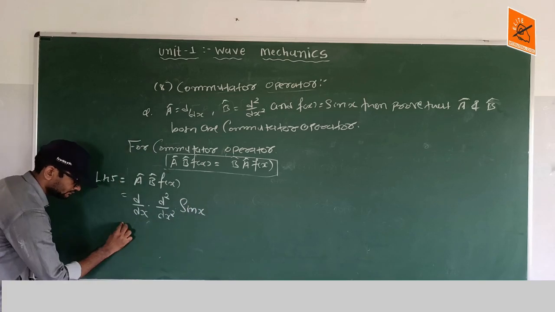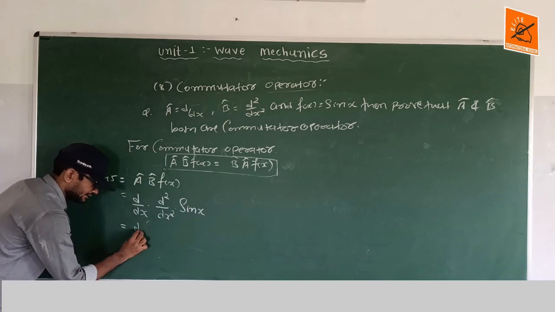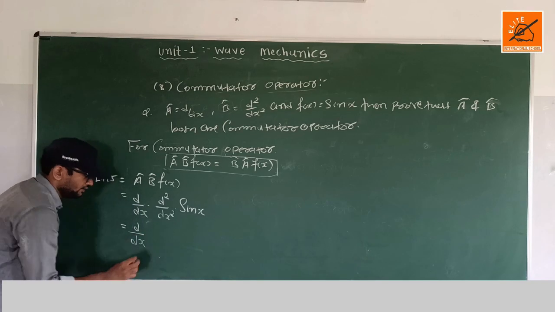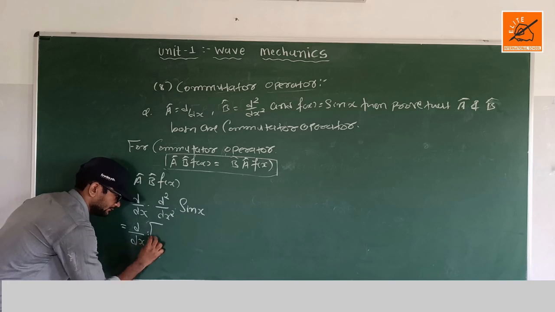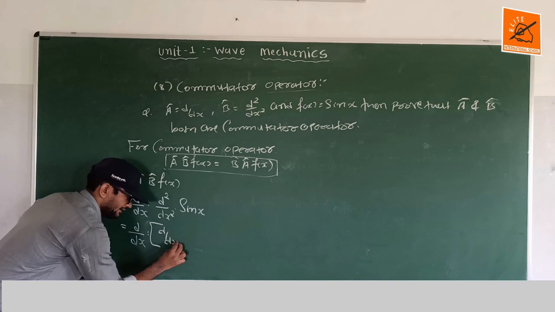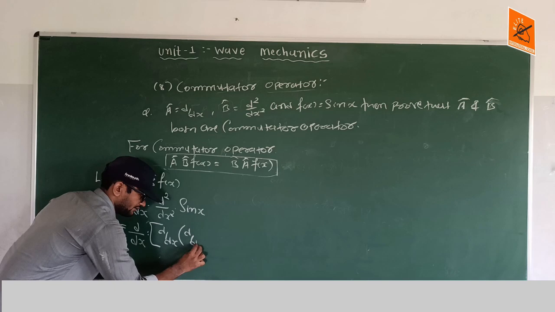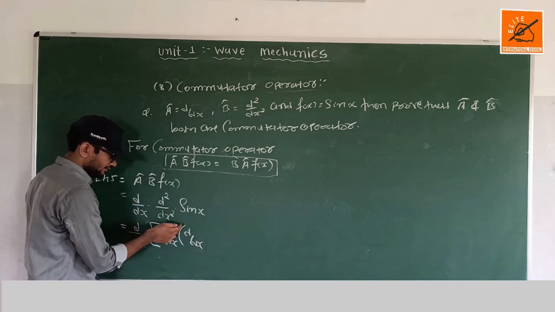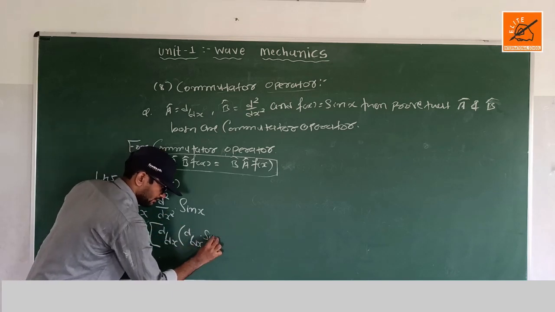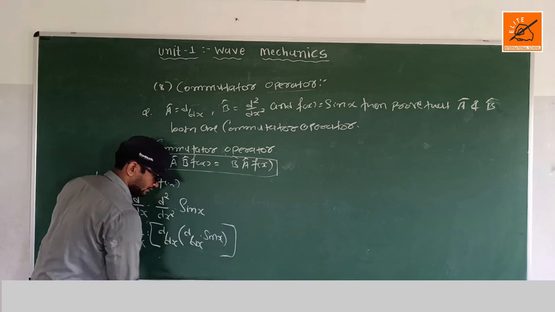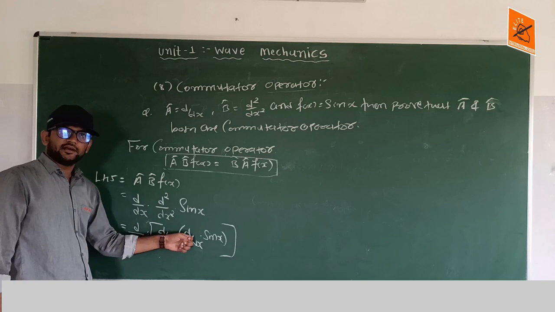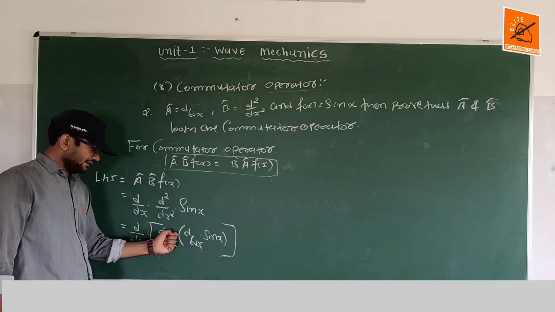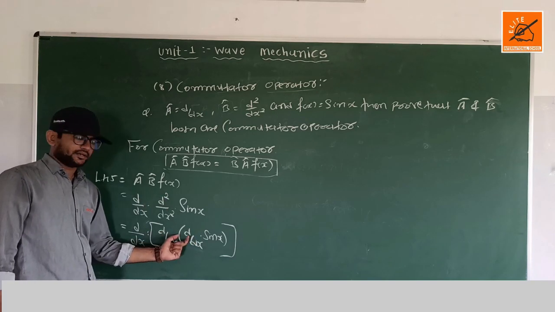Okay, so d square upon dx square is equal to d by dx into d by dx. It means d by dx multiplied two times.